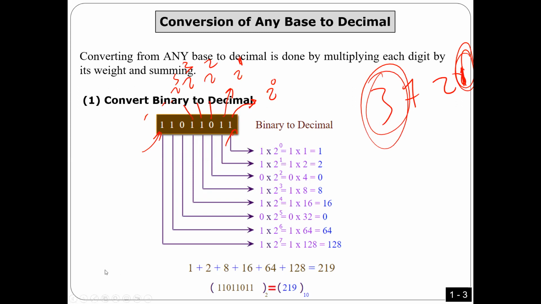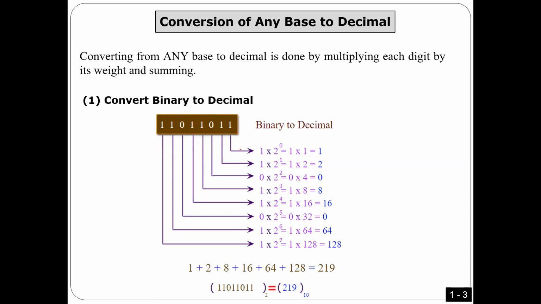All you have to do here, guys, is convert this binary number to decimal. I'm going to multiply every digit here by its weight. So this is 1, I multiply it by 2 to the power of 0. Then here 1 multiplied by 2 to the power of 1. For sure, if it is 0, you don't need to waste your time on the multiplication, because 0 times anything is 0. This one is 1, 2 to the power of 3, 2 to the power of 4, 5, 6, and so on.